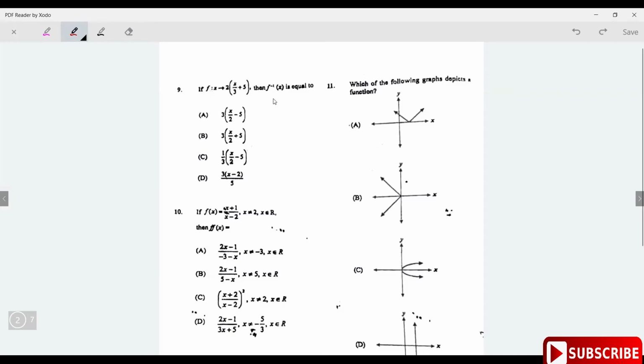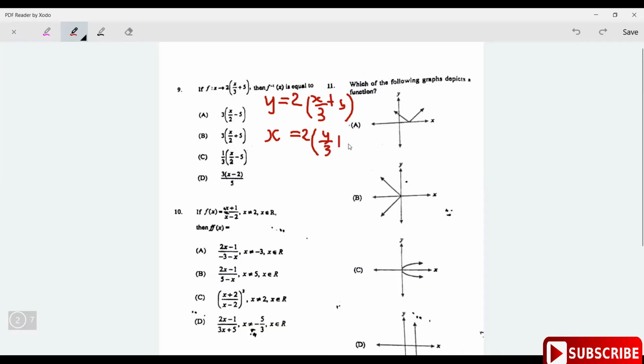So you're going to have to rewrite f of x as y is equal to 2 times x over 3 plus 5. And then you know what to do. You interchange x and y. So interchanging x and y, you're going to get x is equal to 2 times, in bracket, y over 3 plus 5.